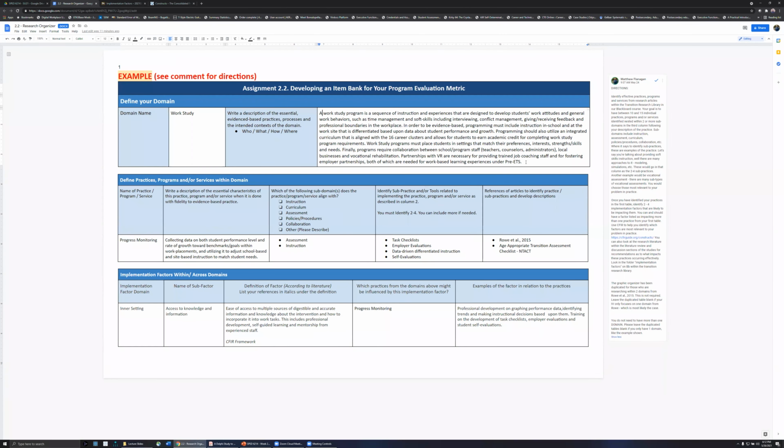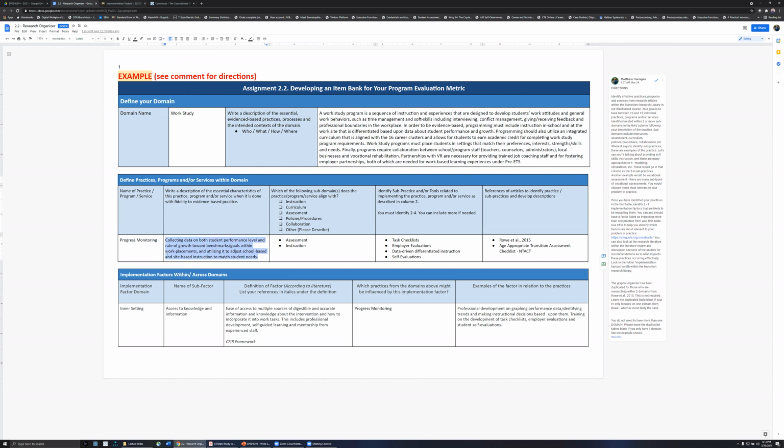So you're going to spend a lot of time just building out this really detailed description of the essential characteristics of that domain, of your independent variable. And then you're going to break it down, identify all of the practices, programs, and services that are most essential, right, that you've already written here. And what you're going to do is take them and then give a full research-based description of what it looks like when it's done with fidelity.